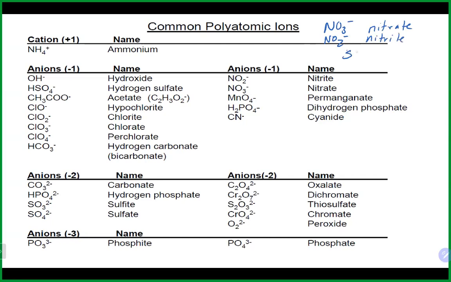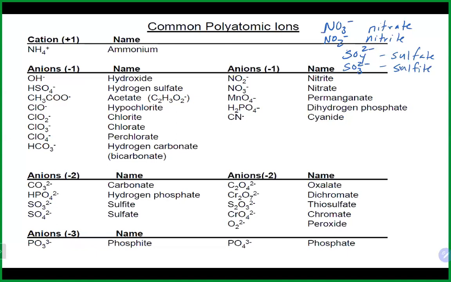We have something like SO4 2-, that is sulfate, and SO3 2- is sulfite. So you can group these things up as groups of 2, and there's also groups of 4 as well. But with a group of 2, the one with the most oxygen will end in ate, and the one with the least number of oxygen will end in ite, and that's what we see here.